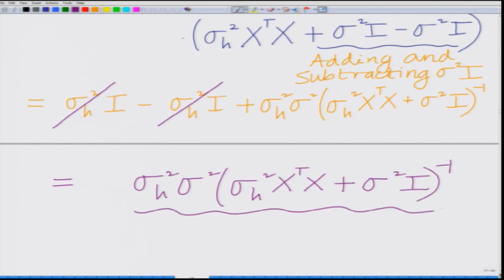This is the expression for the error covariance. Now we take the sigma_h^2 into sigma^2, which is a scalar factor, inside the matrix inverse.